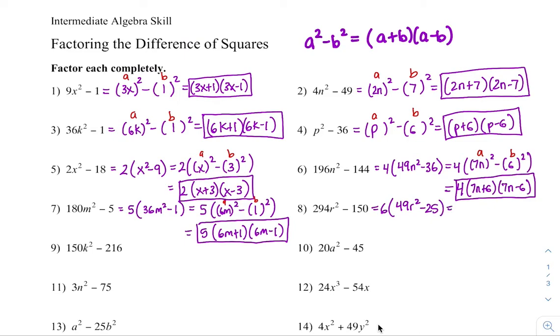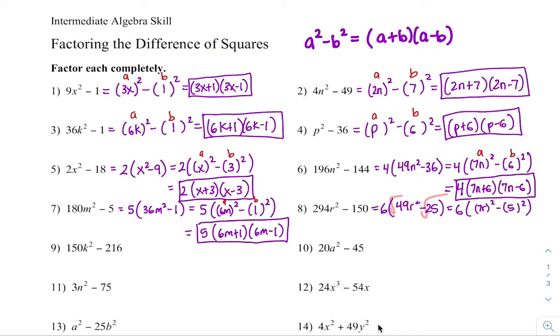So now, this is how I normally do it. If you just take the square root of these, that pretty much helps you to find your a and b value. I know the square root of 49r squared: the square root of 49 is 7, so 7r, and the square root of 25 is 5.